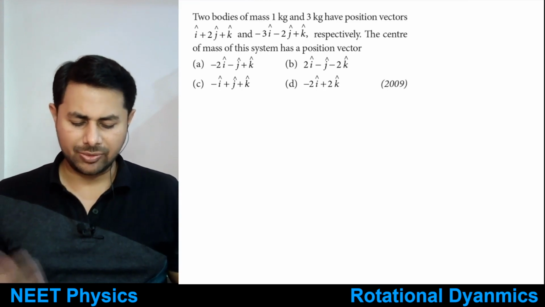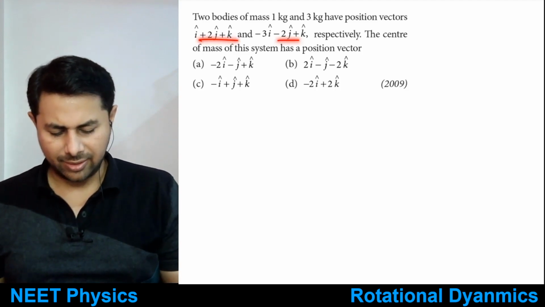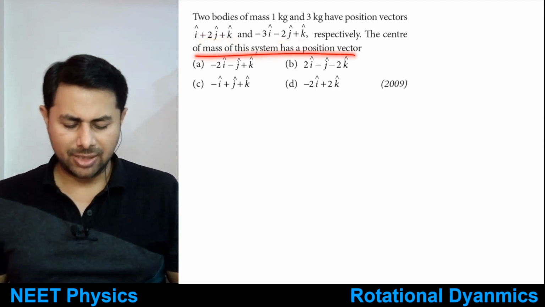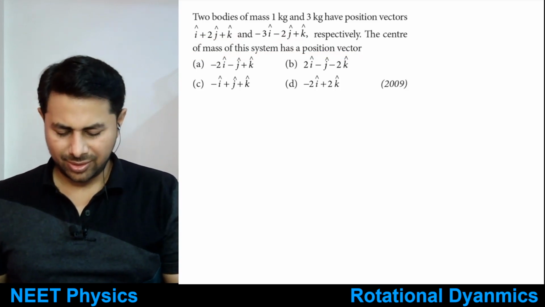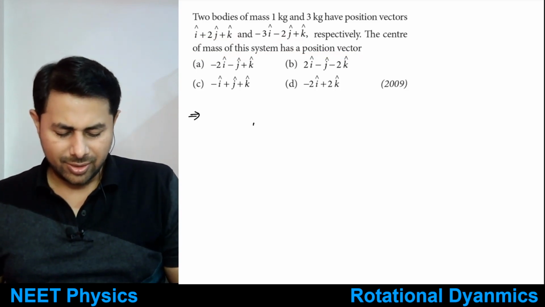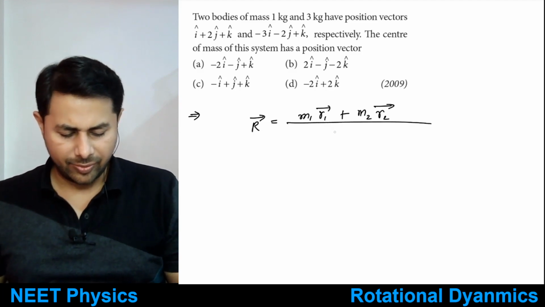Two bodies of mass 1 kg and 3 kg have position vectors, this one and that one respectively. The center of mass of this system has a position vector. So again, this is similar to the first two. So R bar would be just equal to M1 R1 bar plus M2 R2 bar divided by M1 plus M2.